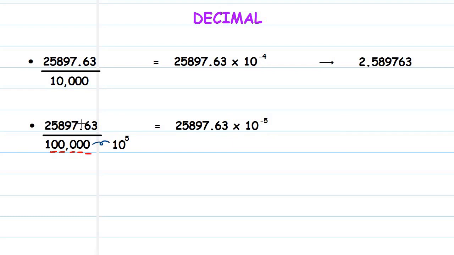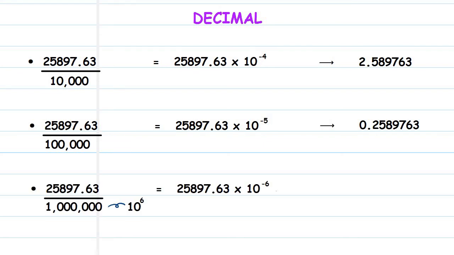So we can move the decimal point to the left 5 times. So the result is gonna be 0.258973.